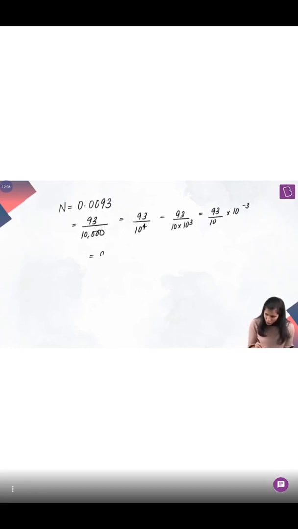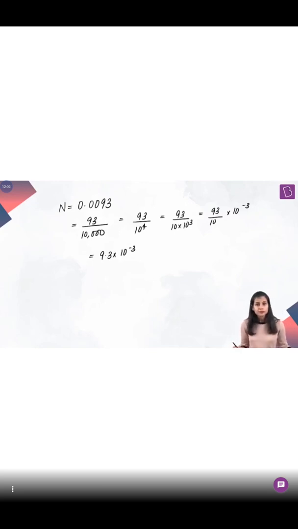Yes, this is nothing but 93 upon 10 to the power 4. Leave one 10 as it is. So you get 10 into 10 to the power 3, which is 93 upon 10 into 10 to the power minus 3. So this comes out to be 9.3 into 10 to the power minus 3.